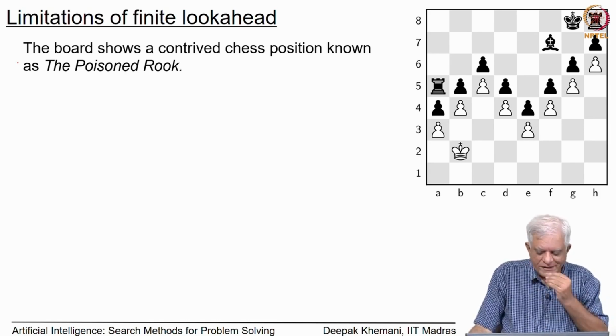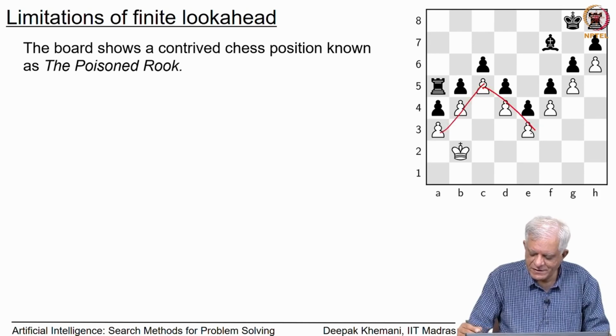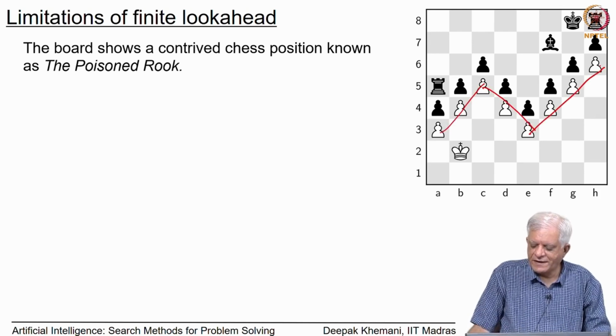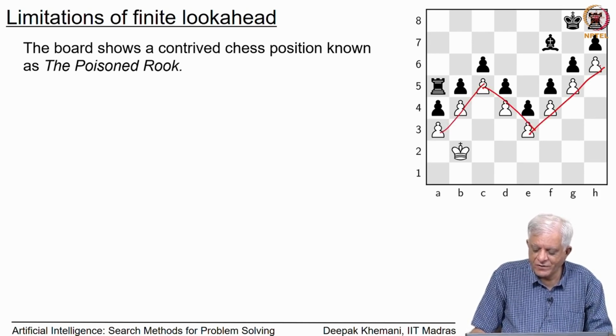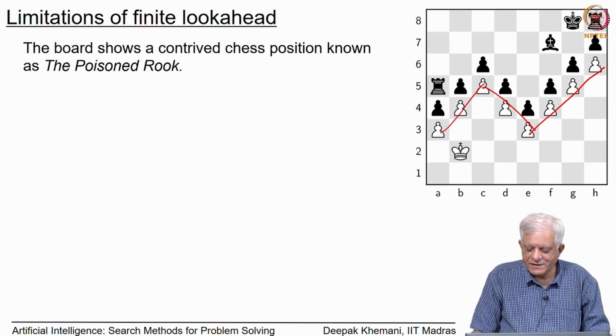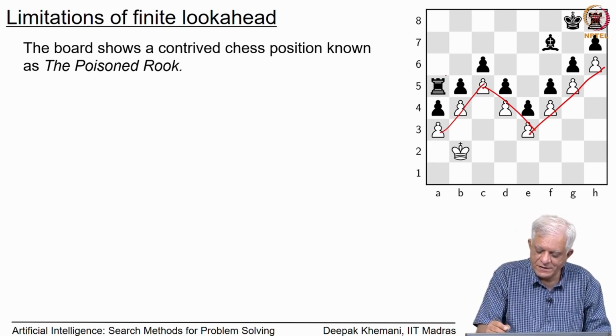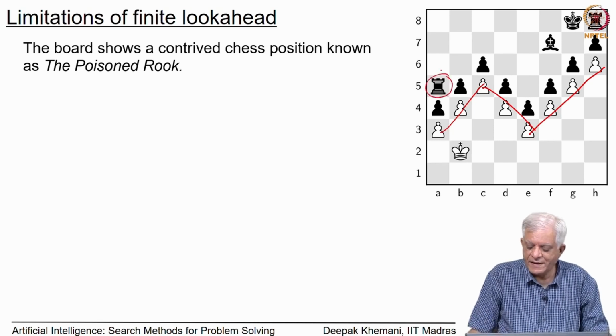So, if you look at this position carefully, you will see that there is a kind of a fortress in which white is protected from black pawns, and none of the black pieces can penetrate this safe area that white has. But now black has very cleverly offered a rook as a sacrifice to white.